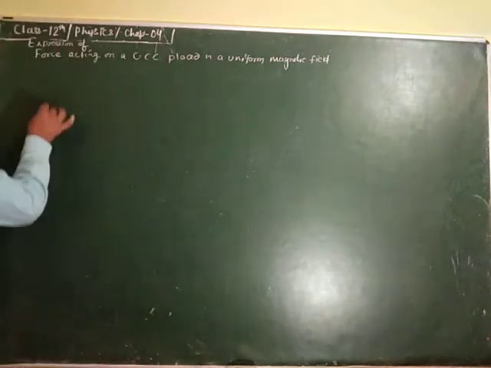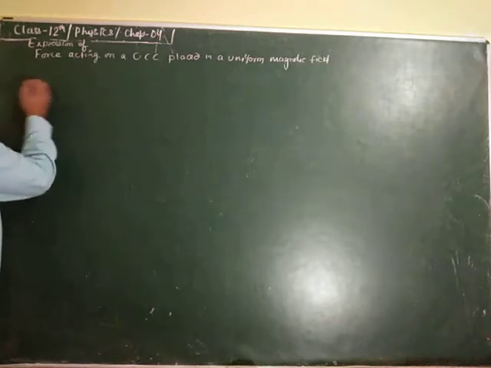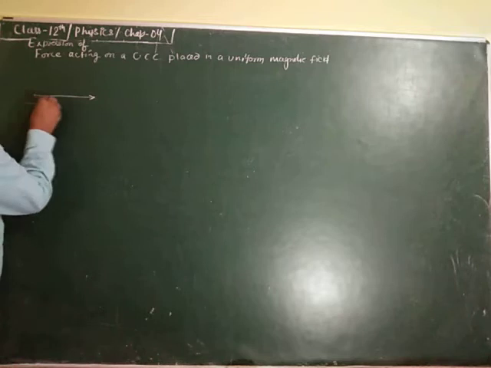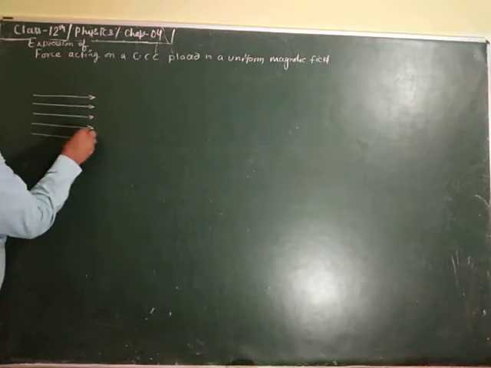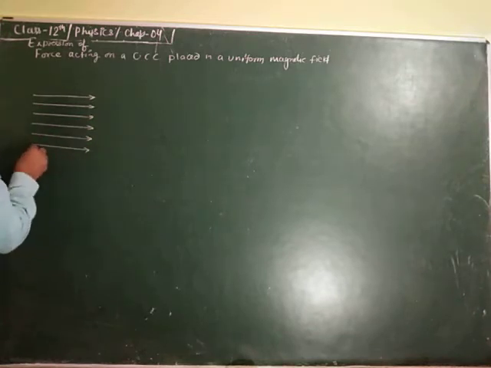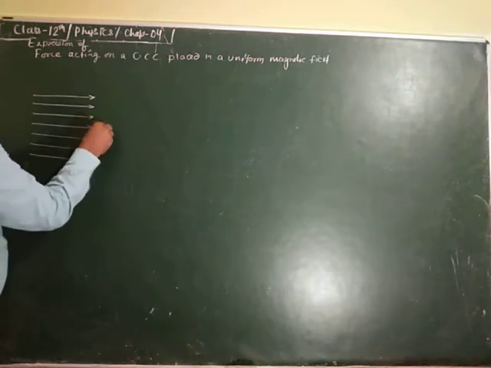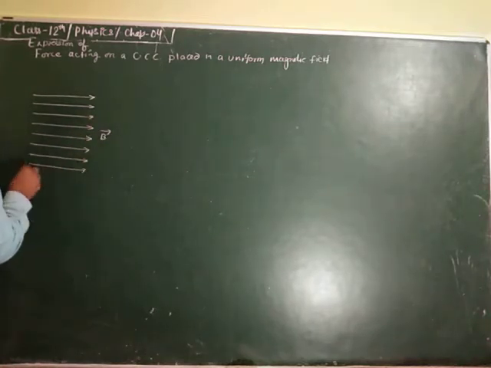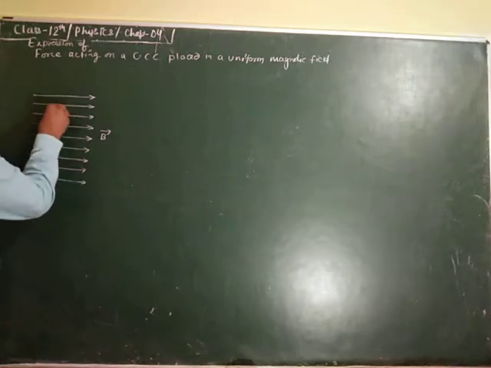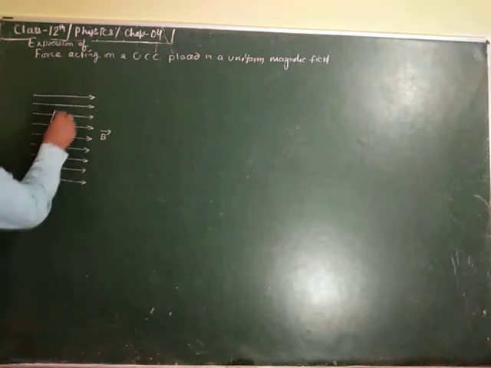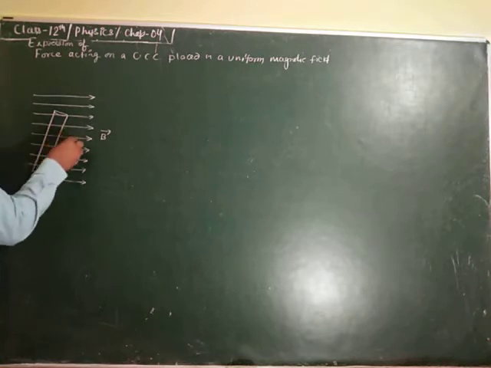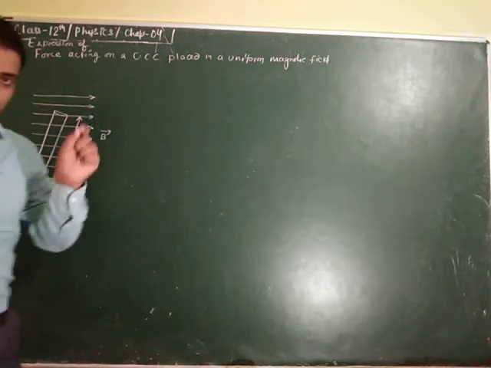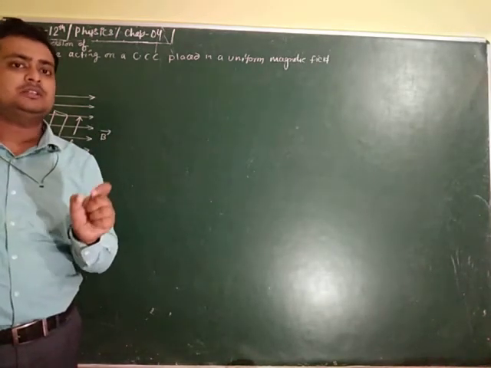So let us make a current carrying conductor here. This is your magnetic field. This is a conductor. This conductor is having a length L. L is the length, and I'm talking about the length which is inside the field.